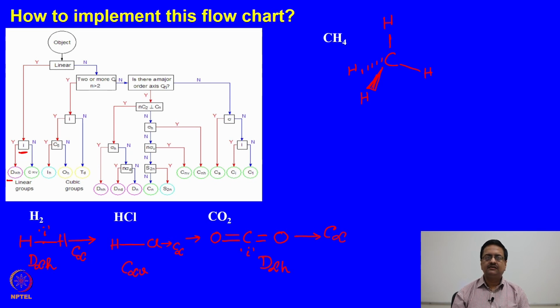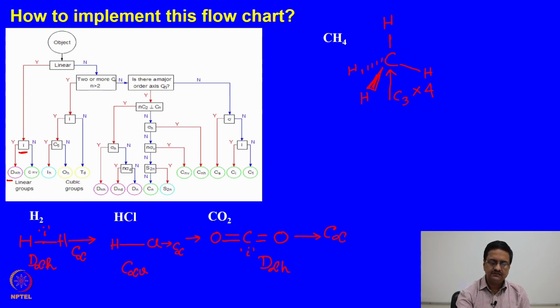For this particular molecule, it is non-linear. Then we ask, do we have two or more Cn with n greater than 2? Yes, this molecule has C3, and how many such C3s? Four such C3s.